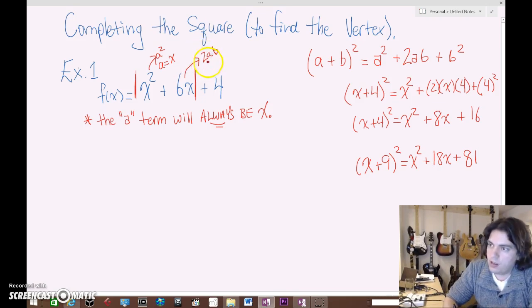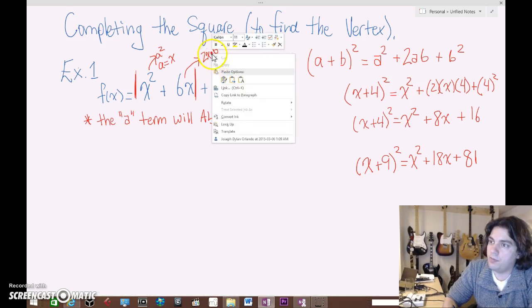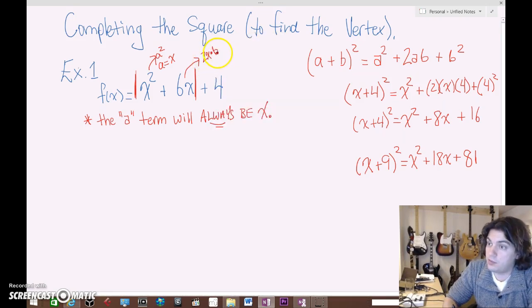Now remember, this may seem complicated, but remember that the a term is always just x. So this is really 2x times b. I don't even have to worry about the fact that it's a. It's 2x times the b term. Every time, 2x times the b term.